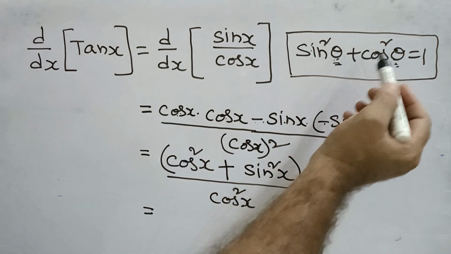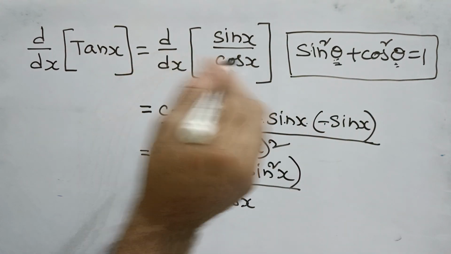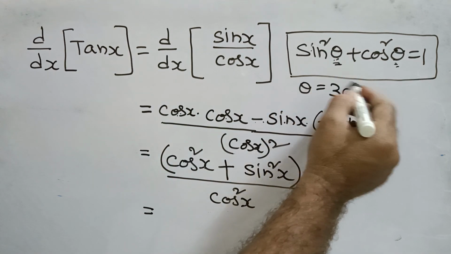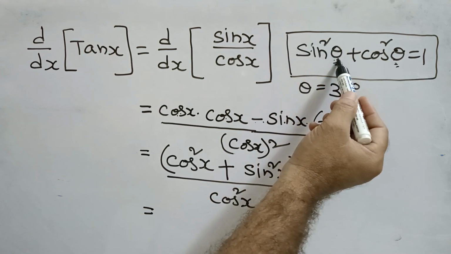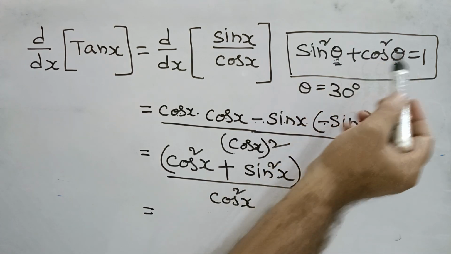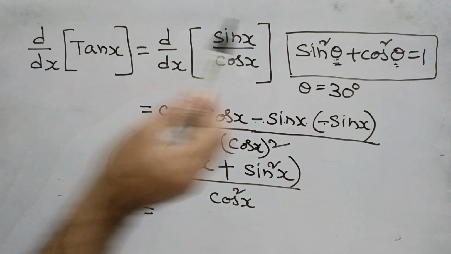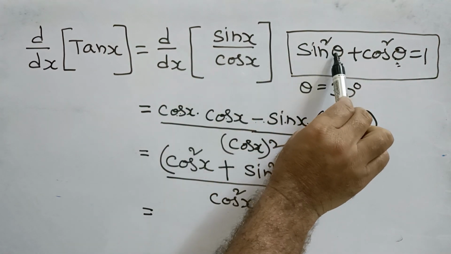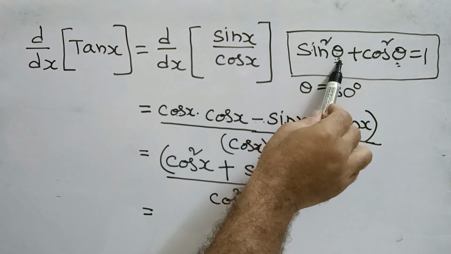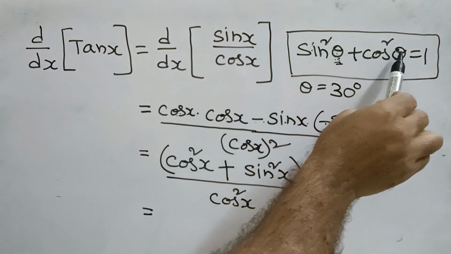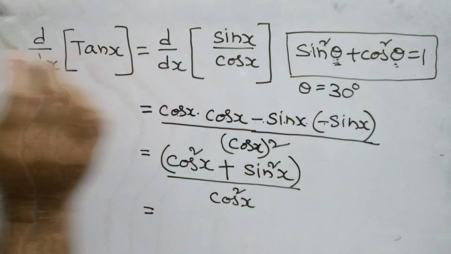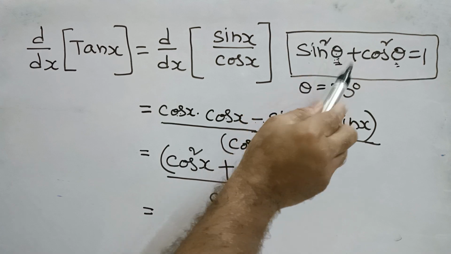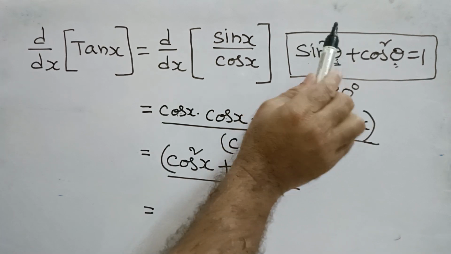At both places you should use the same angle. Say theta is equal to 30 degrees. Then sin square 30 plus cos square 30 is equal to 1. Or take 60 degrees: sin square 60 plus cos square 60 is also equal to 1. That is the meaning of it. This is called the trigonometric identity. Very, very important.